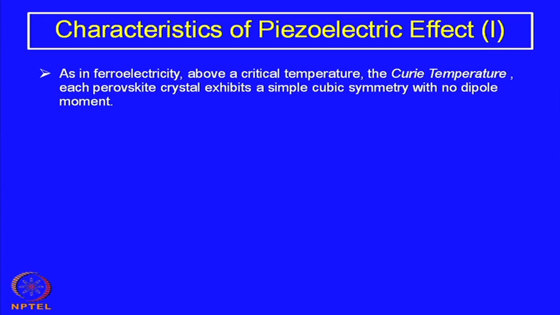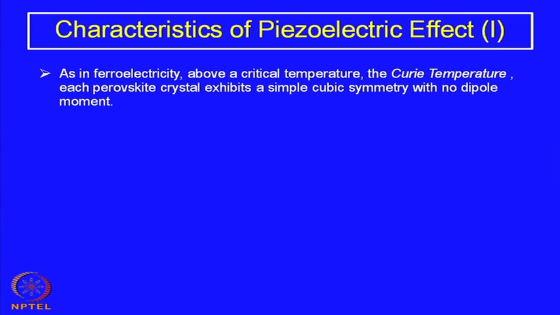So, above the Curie temperature there is a cubic symmetry, and cubic symmetry means there is no permanent dipole moment. Just like ferroelectricity is lost beyond the Curie temperature, piezoelectricity is also lost beyond the Curie temperature.